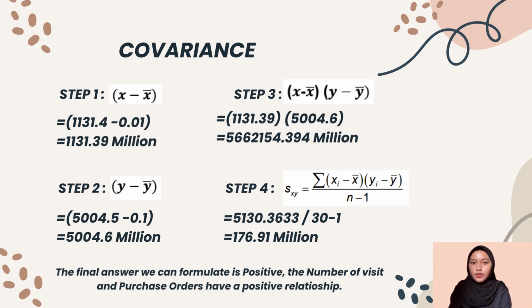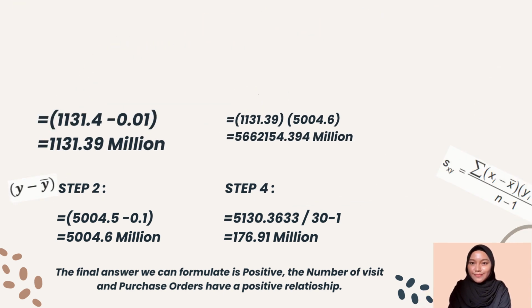After we get that, we divide it by n minus 1, which is equal to 29. The answer for the sample covariance is positive. So we can say that the number of visits and the purchase orders have a positive relationship.